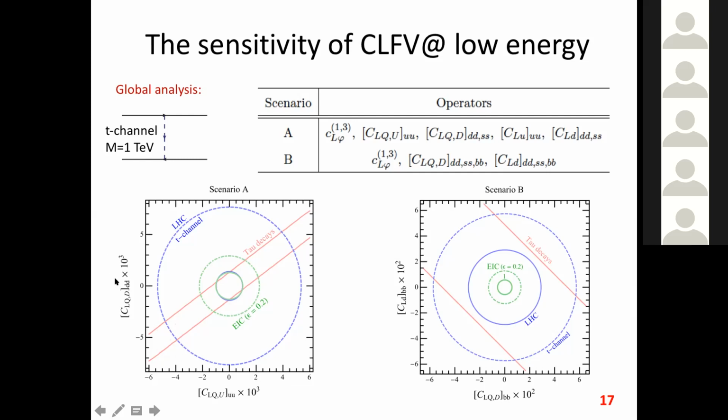This is the u and d component. But you could find out it only gives a constraint in one direction. For example, here, it gives a constraint for the anti-diagonal direction, but no constraint for the diagonal direction. So after we include the LHC or the EIC, it could cross this direction.